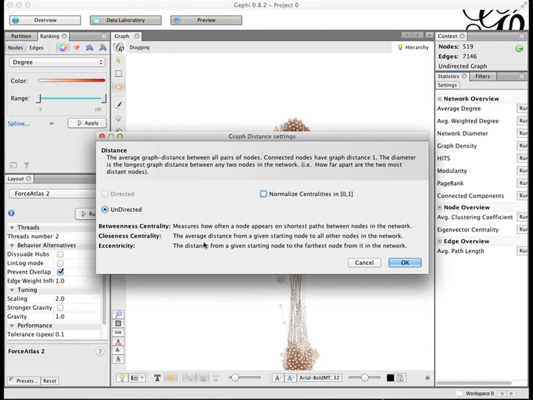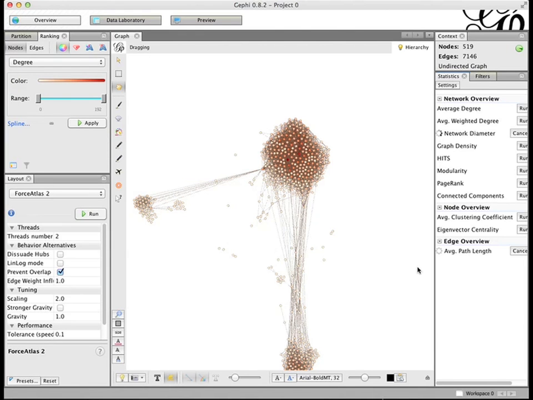Now, closeness centrality is sort of like, I think of it as six degrees of separation centrality. That is, the fewer degrees of separation you are from everyone else in the network, the greater your closeness centrality. So let's calculate those in Gephi, or tell Gephi to calculate those.